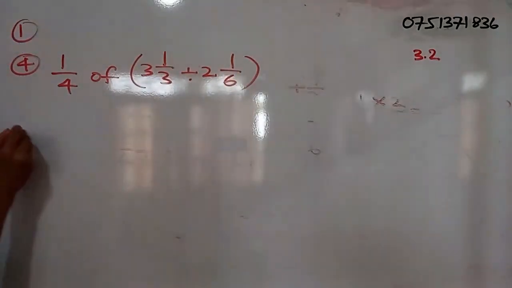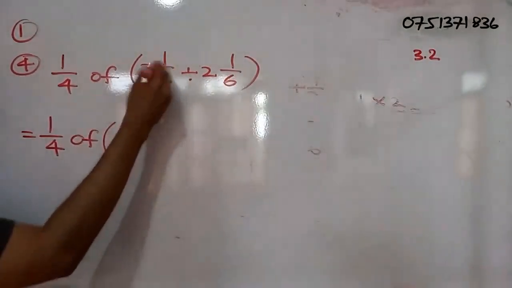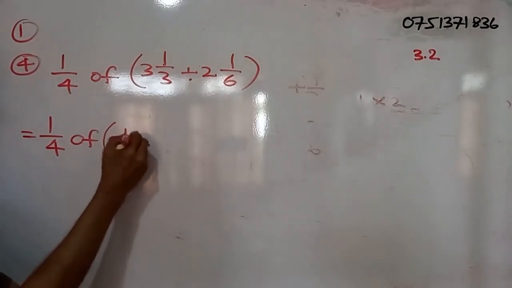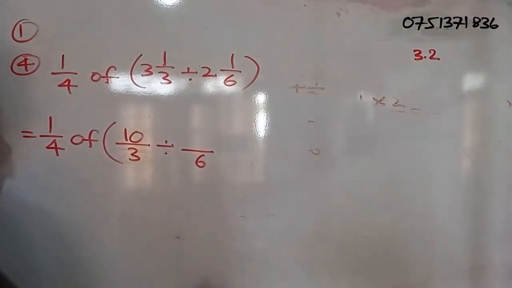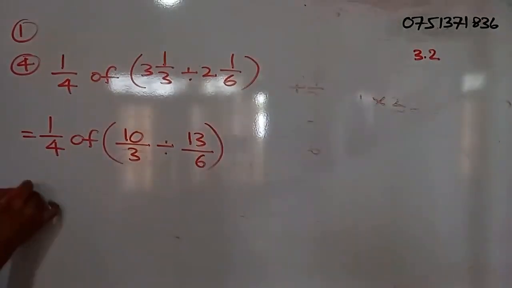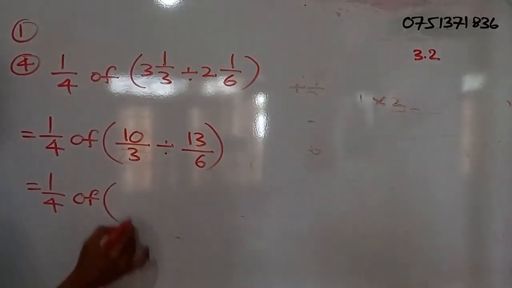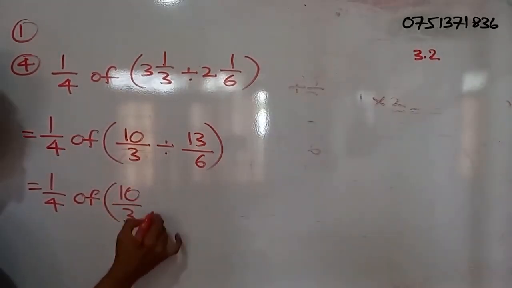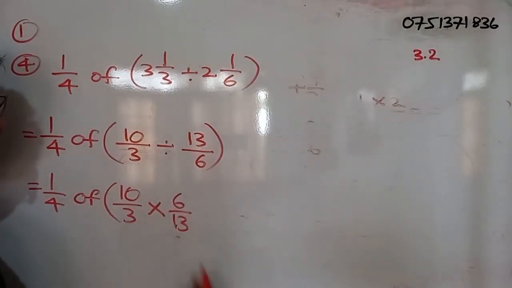Improper fractions. Right? So 1 by 4 of, here the denominator will be 3, the numerator will be 10. Divide by, denominator will be 6 and the numerator will be 13. Right? 1 by 4 of 10 by 3 multiplied by 6 by 13.